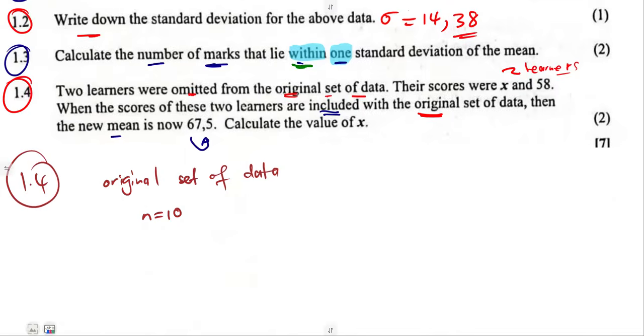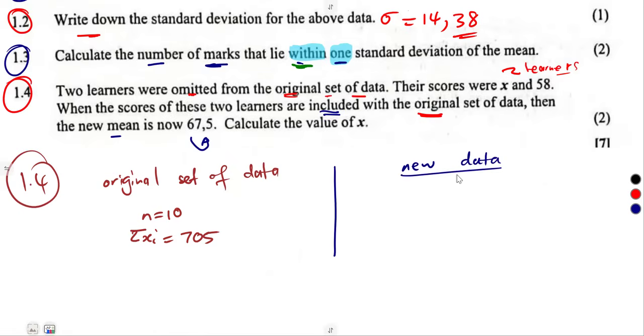So we have the sum of terms, this one, 705, from that original data that we had before. For the new data that we are given now, they gave us a combined, the new mean. When they say the new mean, it is a combined situation. It is not like we've got the original, the first and second. The new set of data is combined.